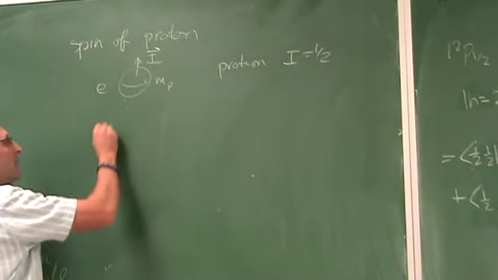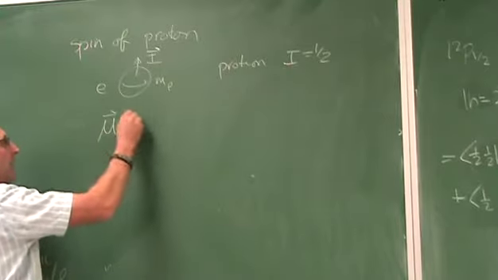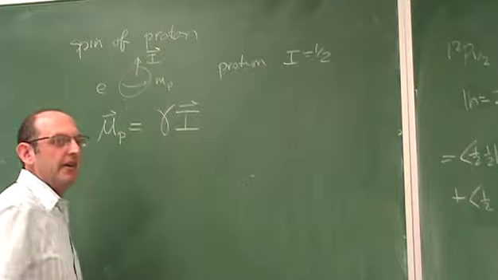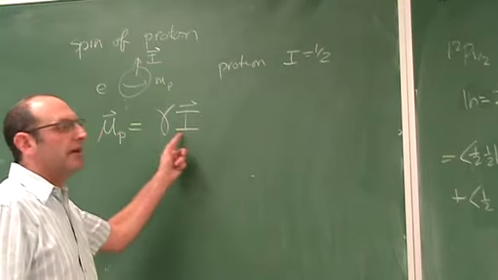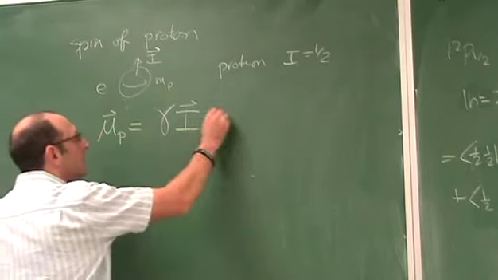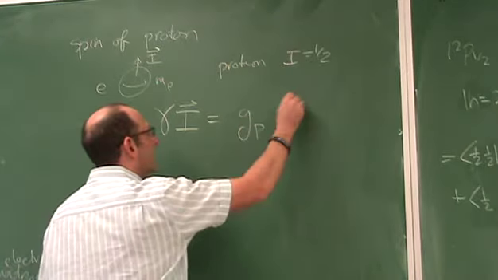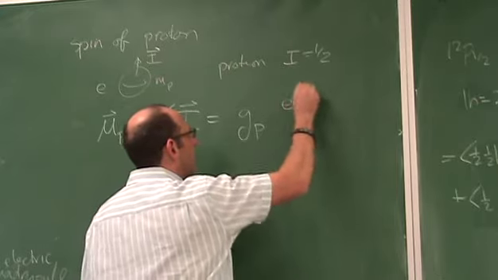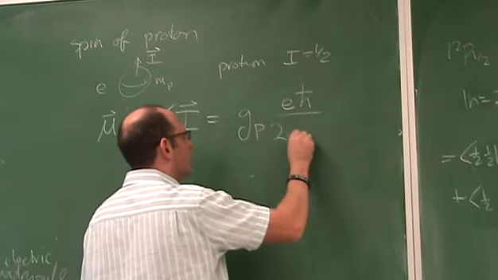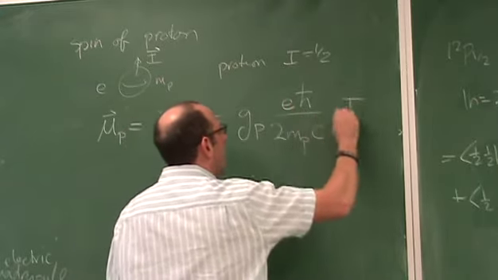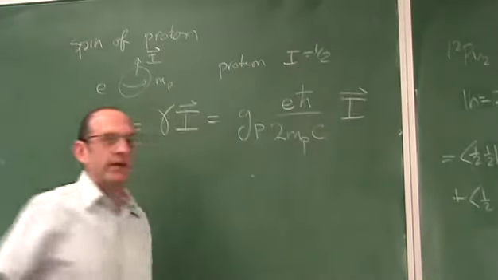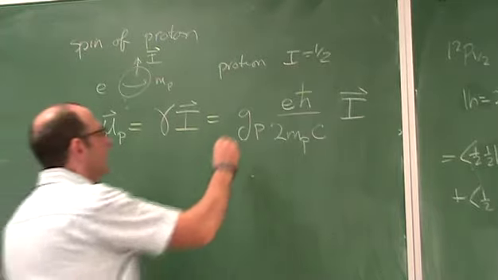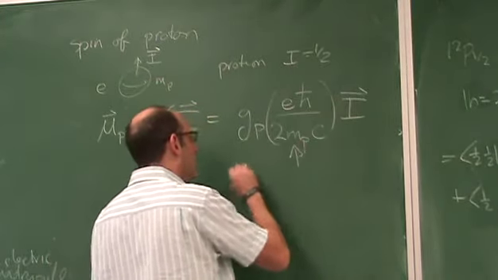So the magnetic moment of the proton we could write as the gyromagnetic ratio times the spin angular momentum, which is the G factor of the proton times e, the charge of the proton, h bar, over 2 mass of the proton, c. I is in dimensionless units, I in units of h bar. And this quantity is what's called the nuclear magneton.